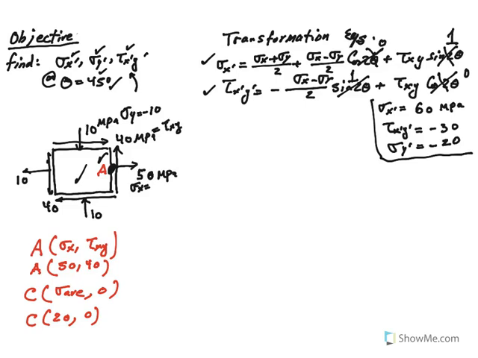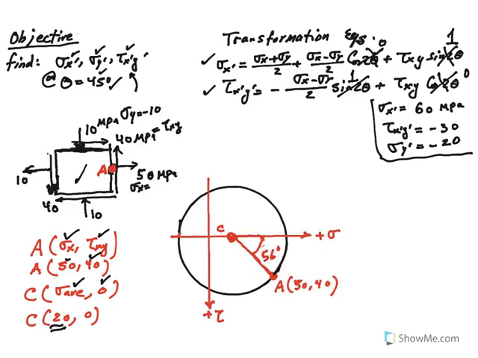So A has the coordinates of sigma x and tau xy, so 50 and 40. And remember, the center of the circle has the coordinates of sigma average and 0, and you know that sigma average would be 20 and 0. Let me pause again and draw the circle and talk about that.